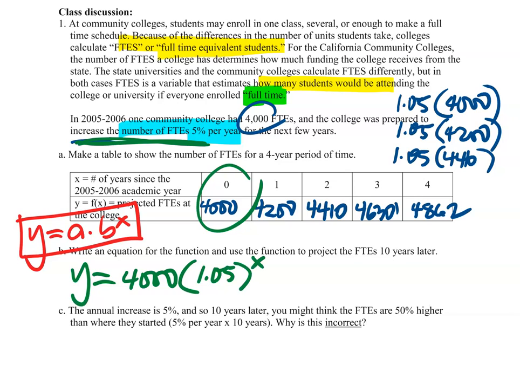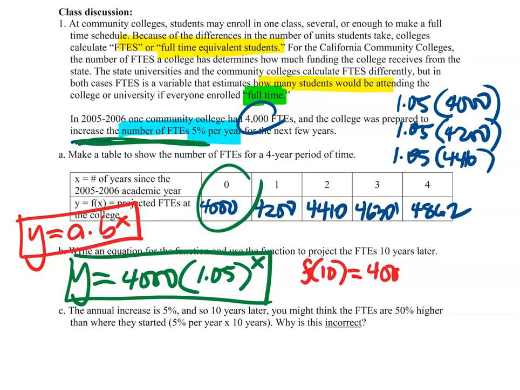So this is our equation. And then project FTES 10 years later. So all we have to do is solve f of 10. So that is 4,000 times 1.05 raised to 10.